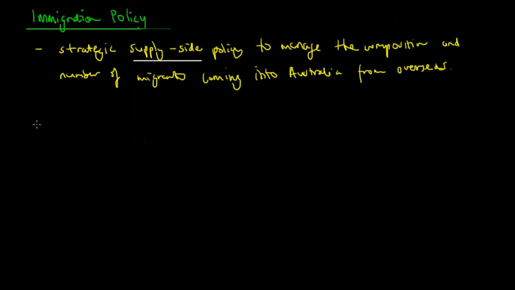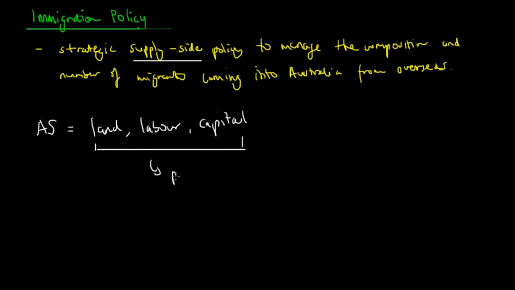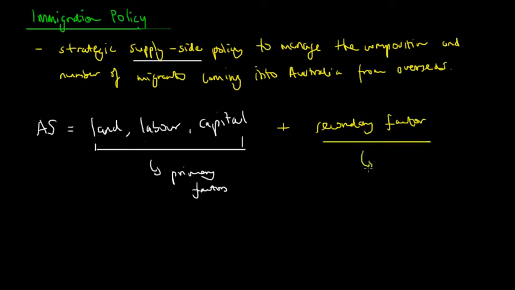So to look at this very generally, as we have before, aggregate supply is a function of land, labor, capital being our primary factors of production, as well as secondary factors, which is efficiency.